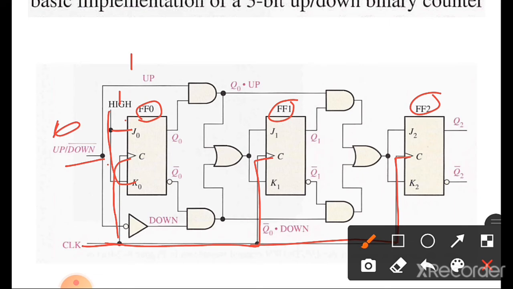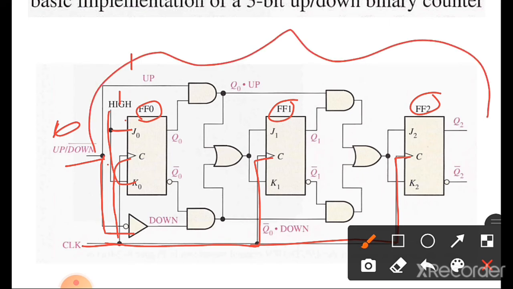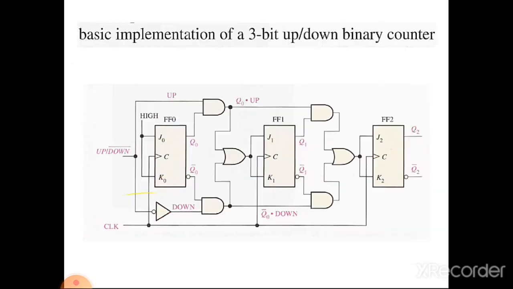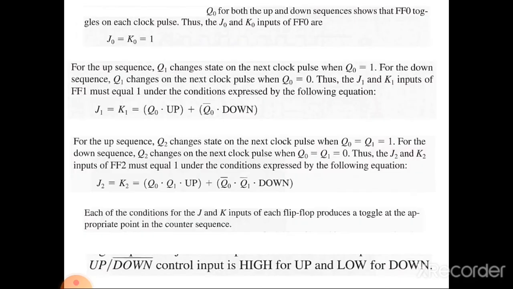If it is down counting, then this portion will be working, and if it is up counting, then this portion will be working. So in the first equation, J0 and K0 values are high initially. Then in the second step, the J1 and K1 value will be Q0 up plus Q0 bar down.